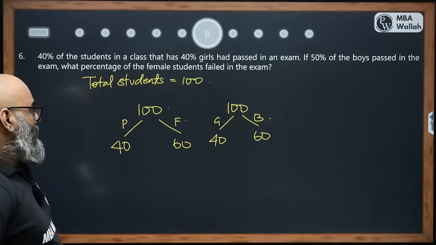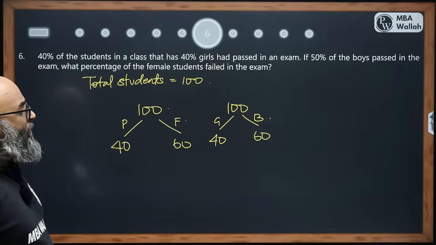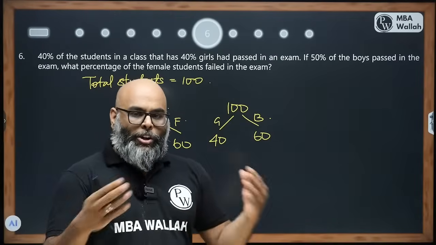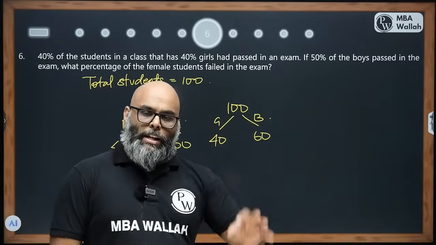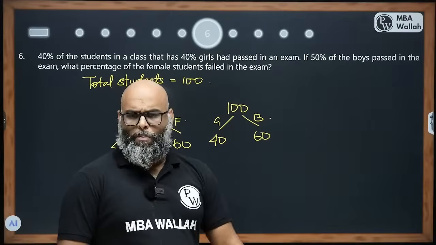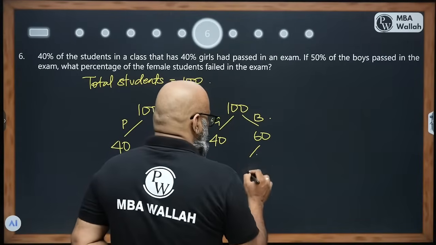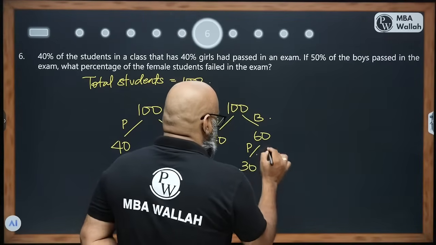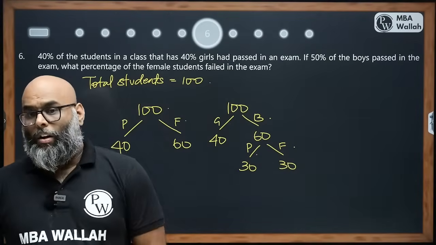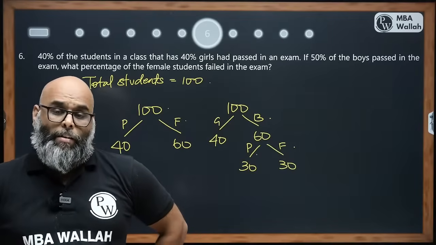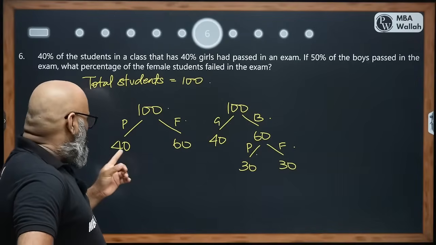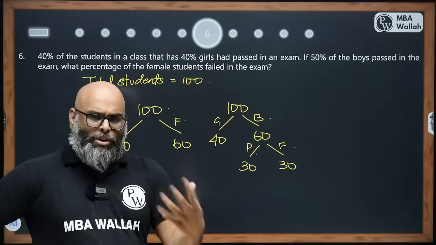Now, if you look at this case, 50% of the boys passed the exam. How many boys do we have? We have 60 boys, which means out of the 60 boys, 30 of them have passed, 30 of them have failed. There are only 40 students who have passed overall.